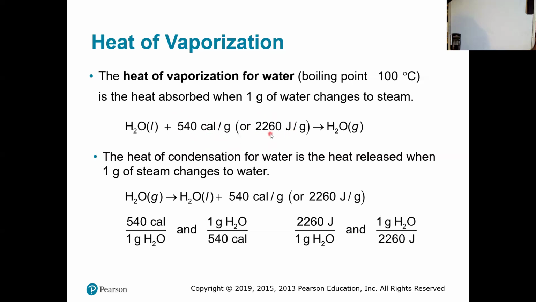Both of these values can be written as equalities, telling us the number of calories required for 1 gram of H2O to go from the liquid state to the gas state or the gas state to the liquid state. Okay. But when water is being vaporized, it's absorbing heat. And when water is condensing, it's releasing heat. Okay.